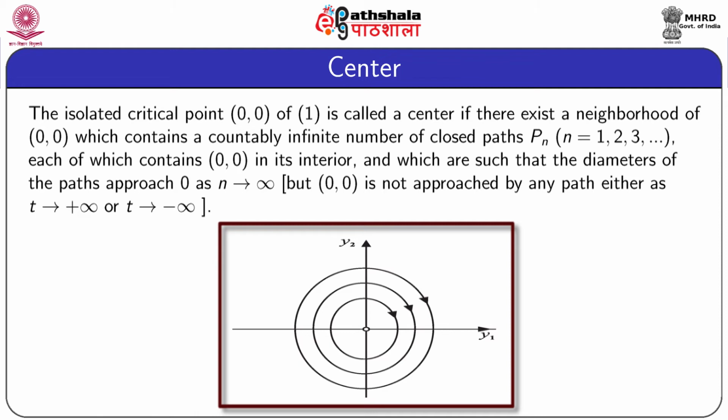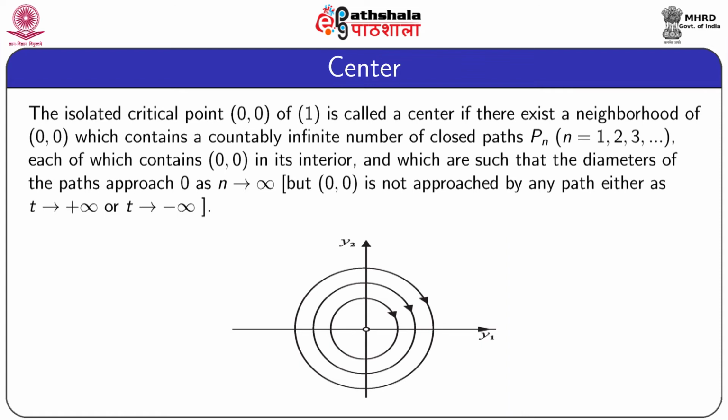So, if we consider this as a circle, you see this consists of concentric circles, each of them contains the point (0,0). And as t becomes large, there will be more concentric circles and this diameter tends to 0, and basically the circle will approach the point (0,0). So, it is not this circular path that is passing through the point (0,0) or approaching it.